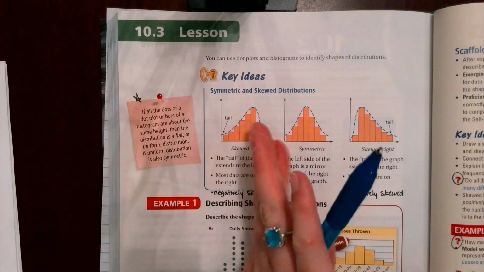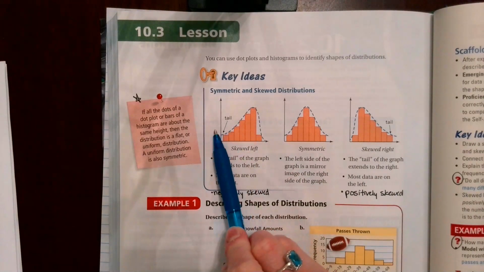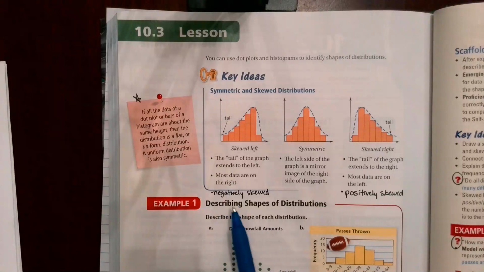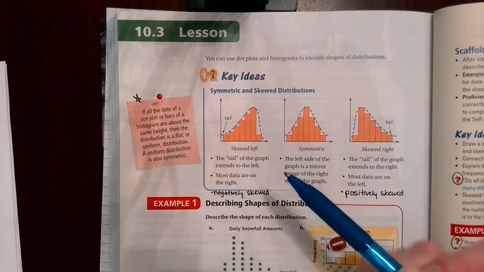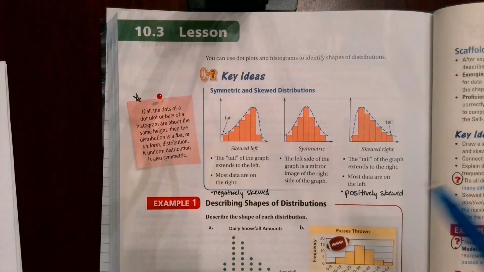Most of the data is on the right side of the graph. If it was a slide, you would be sliding to the left. This is also called negatively skewed, because the slide is going towards the negative numbers on a number line.